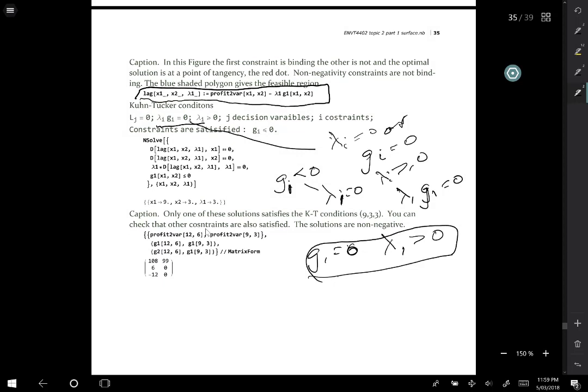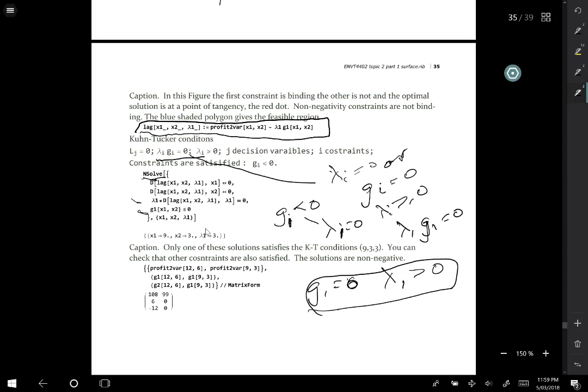So here we use a command called NSolve, and we put the two derivatives of the Lagrangian composite function with respect to x1 and x2, and then we put this complementary slackness in, and we also put in the constraint G1, which we are guessing is going to be the one that's constraining, and we get out the optimal solution with a Lagrange multiplier.